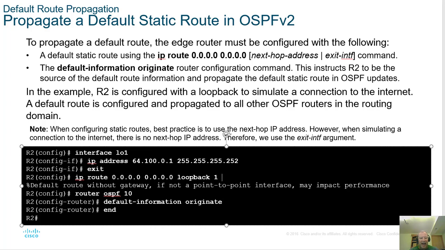Within OSPF, we're going to add the command default-information originate, and then all of our neighbors will learn about this static default route that we've created. The best part of this is if your primary path to get to router 2, which is now the router that's connected to the internet, fails, you can relearn that static default route through a secondary path, and you wouldn't want to hard code that static route in there. More on that when we do the labs. There's a really nice lab on this. It really works out pretty good.